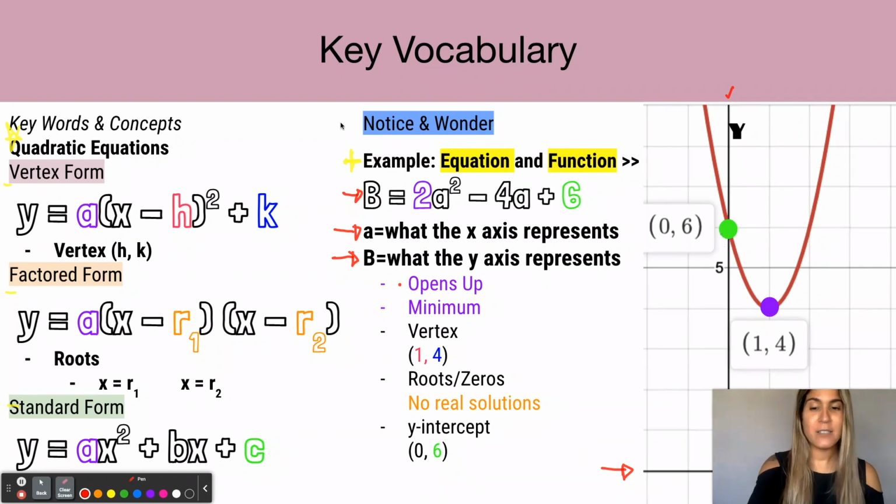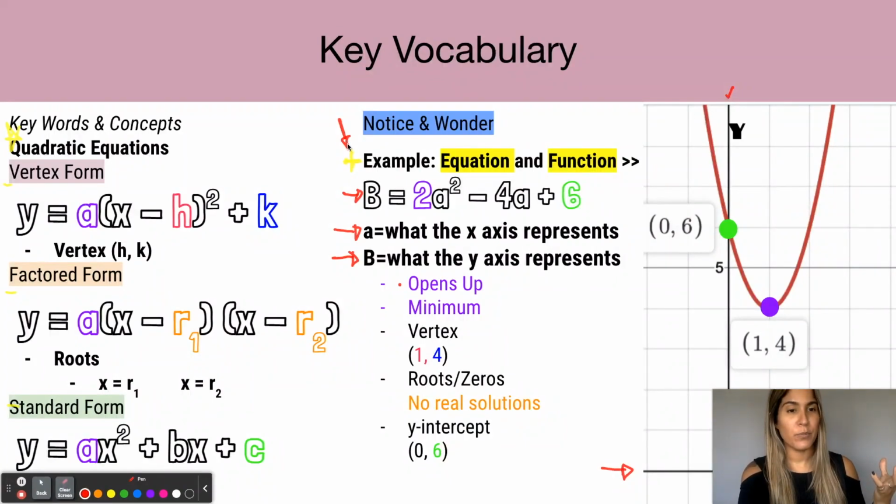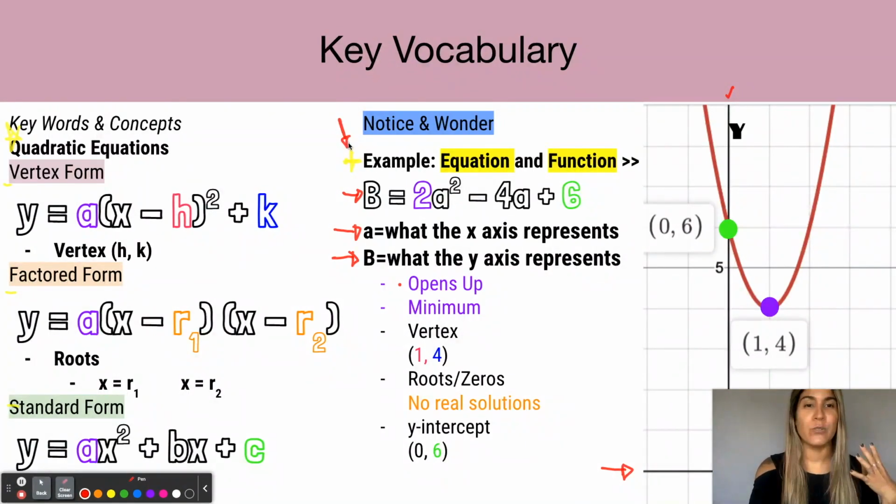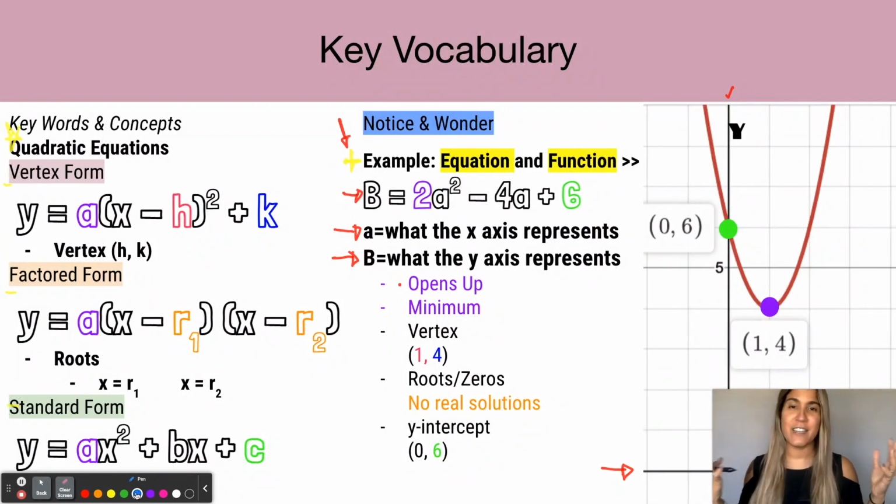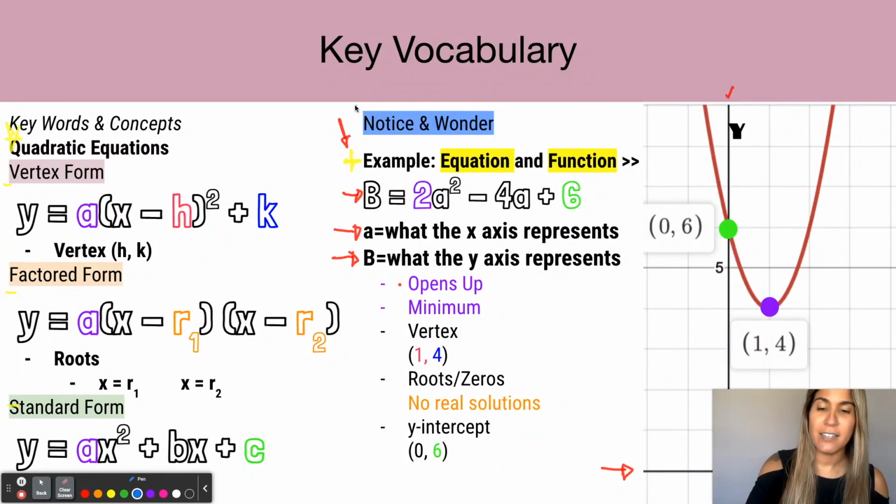Now, this is going to be very important for today's lesson for understanding how to interpret our word problems and how to delve into our launch. Keywords for this lesson that you might use in other contexts are the words notice and wonder.